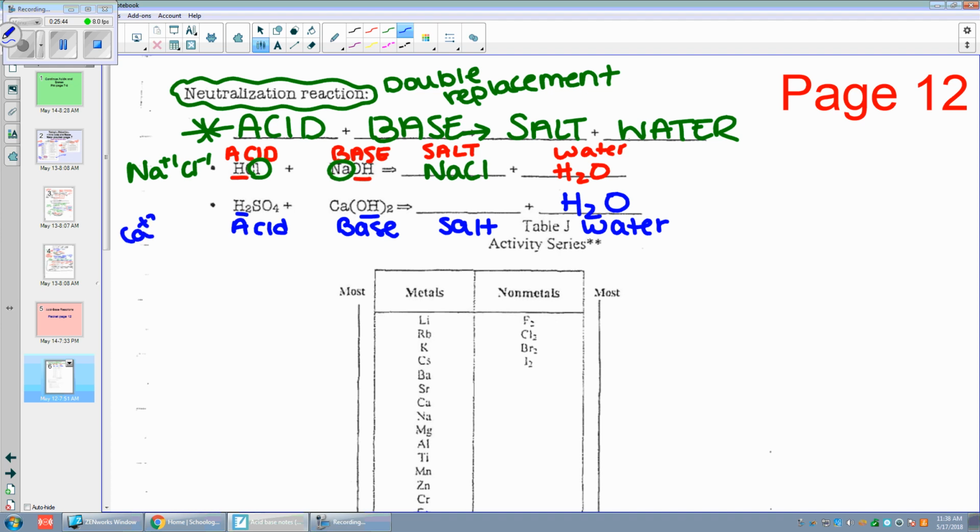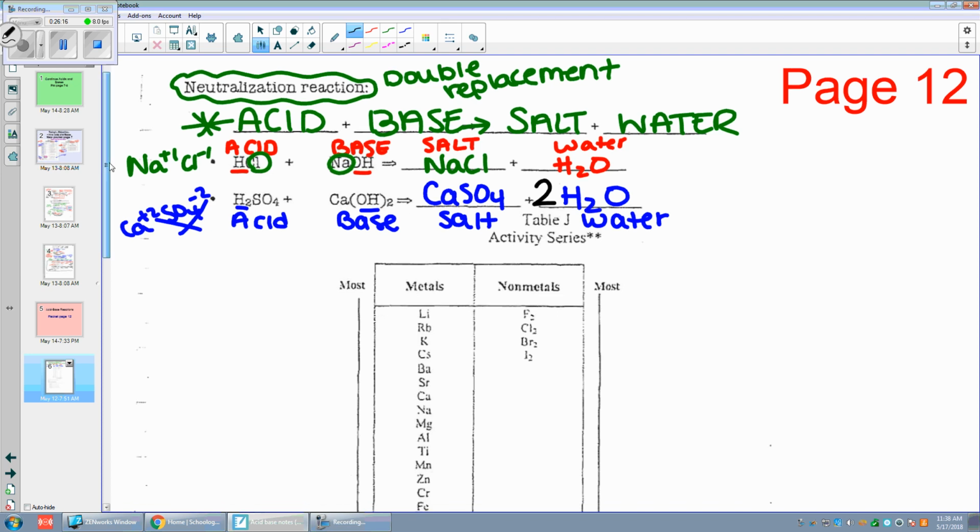Ca is +2. SO4 is -2. 2's cancel. CaSO4. And then you just want to make sure that you always are balancing these. So I need 2 H2Os. I might need more than that. No, 2. I need 2 of those to balance that equation. Acid plus base gives you a salt and water.